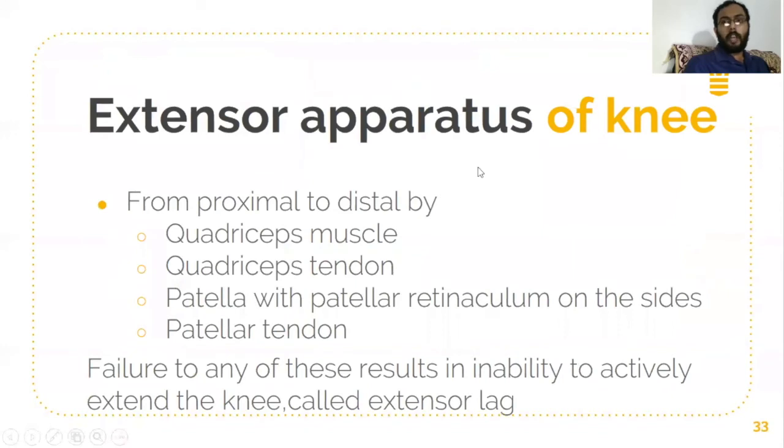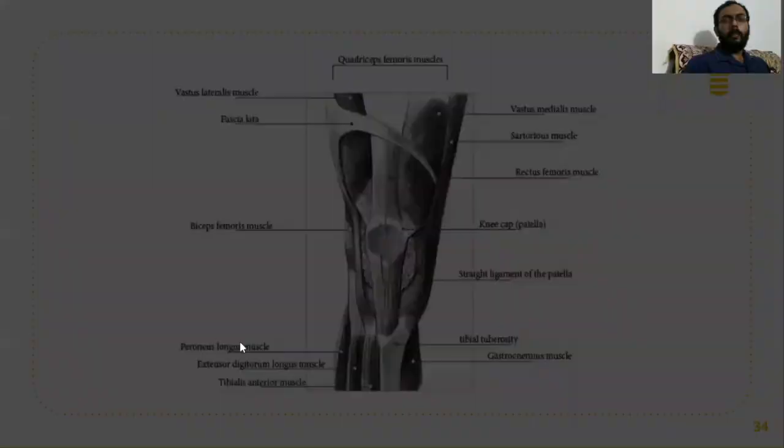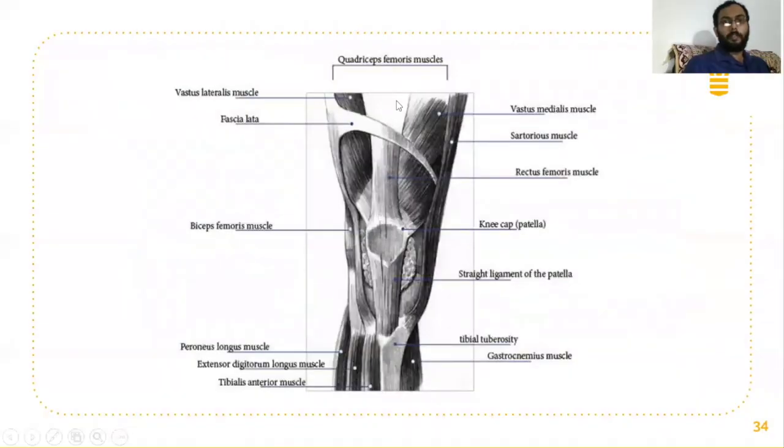Coming to the extensor apparatus of the knee, it includes, from proximal to distal, the quadriceps muscle, quadriceps tendon, patella, and patellar tendon.